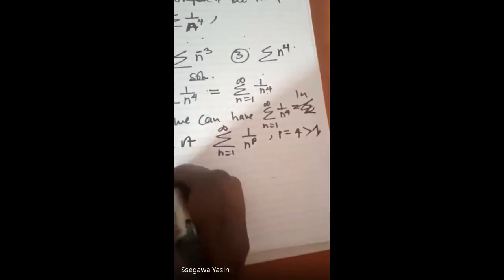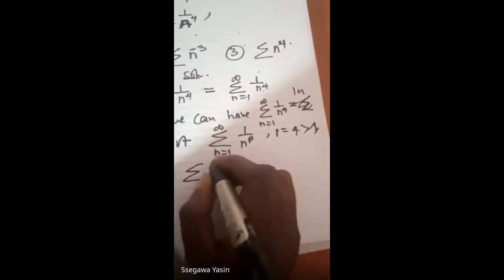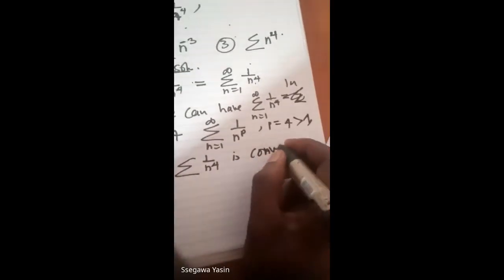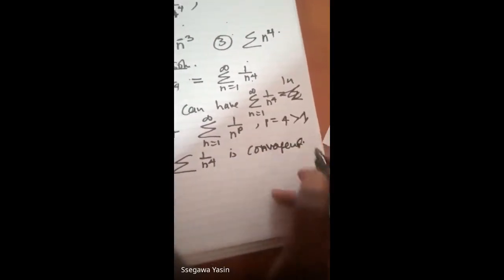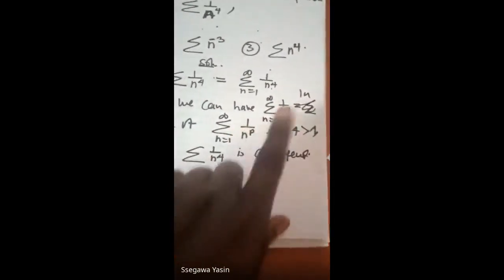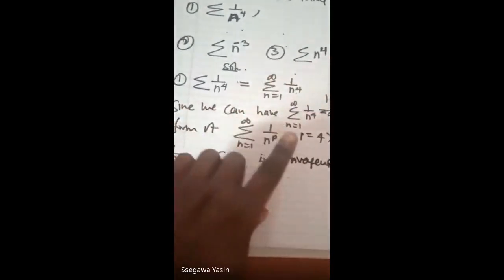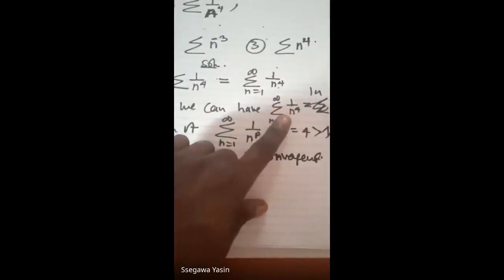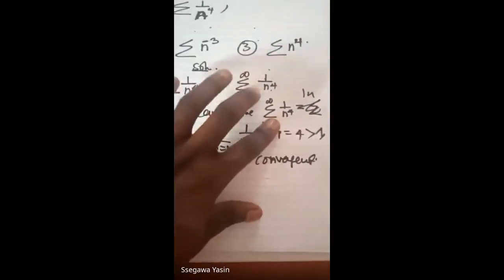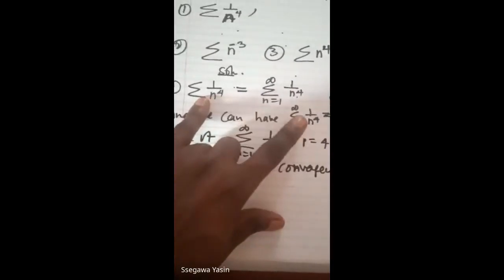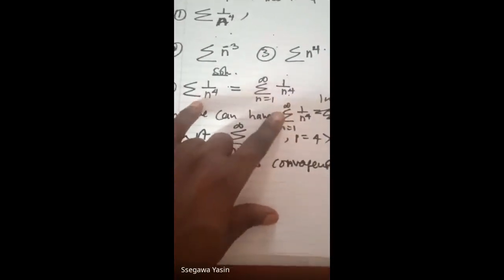Then the sum of 1 over n to 4 is convergent. You look here, you see the expression we have got: this one is the same as this and the same as this. So I've said we can write this expression in the form of the other.